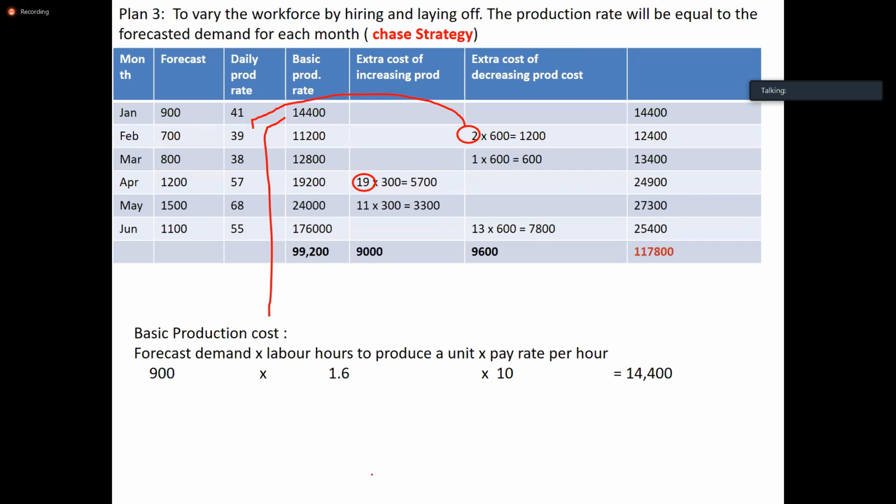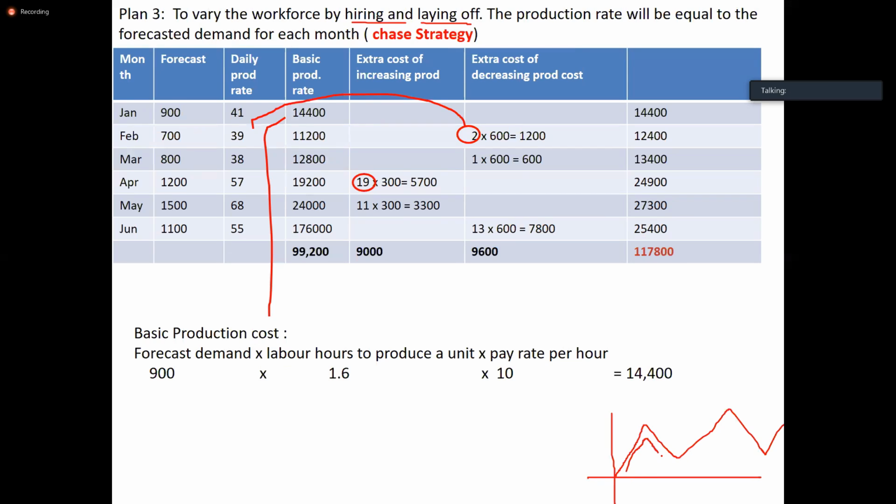So I am moving to the chase strategy, the third strategy or plan 3. Here the third strategy is hiring and firing, or hiring or laying off of employees. In the last class, in the theory part, we discussed that based upon the demand you have to chase.